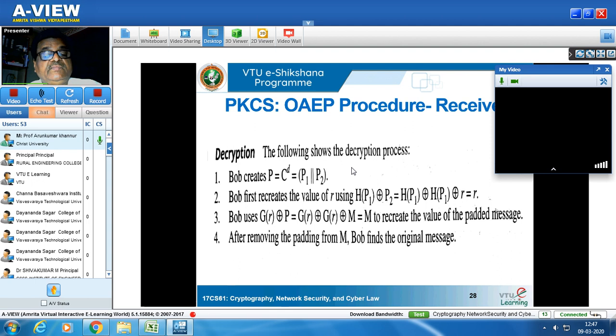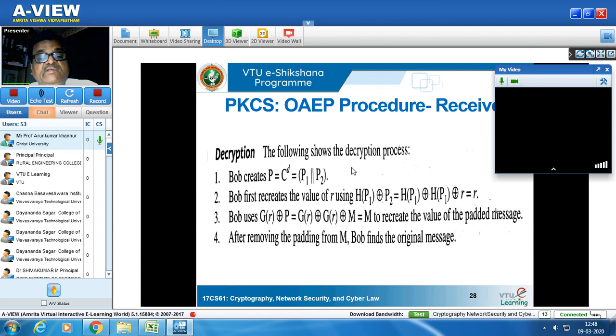Bob uses the function G on R, then modulus addition, P equal. So the function G on R, then the modulus function on P. This shall be equal to the function G on R plus modulus addition of G(R) and plus modulus addition M equal to M, to recreate the value of the padded message, and this will be removed.